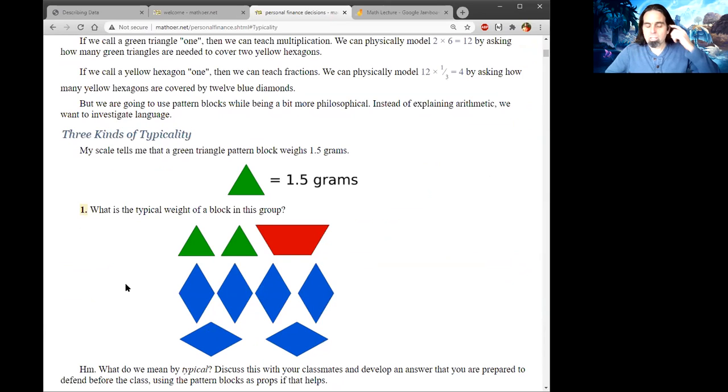So your first question is, what's the typical weight of a block in this group pictured on the screen? If you have an answer, then stick it in chat.